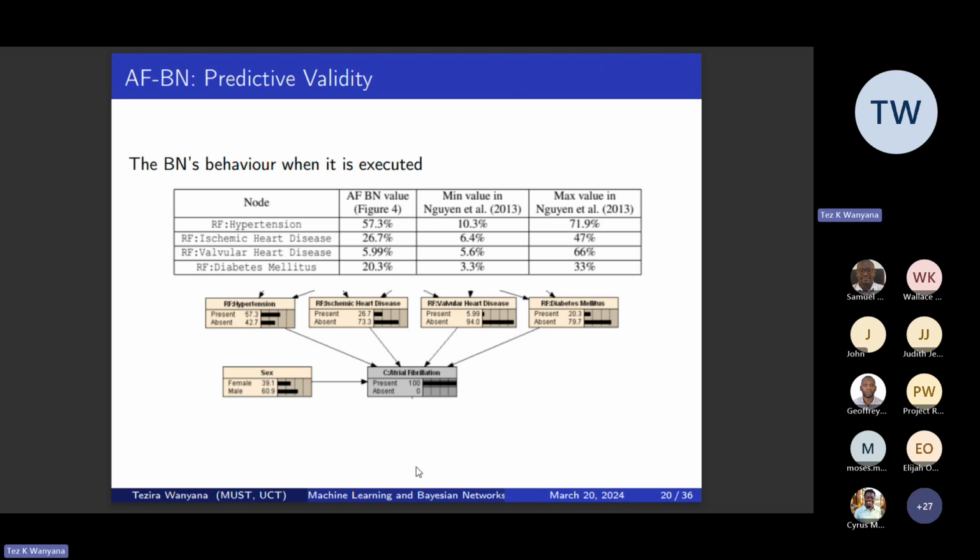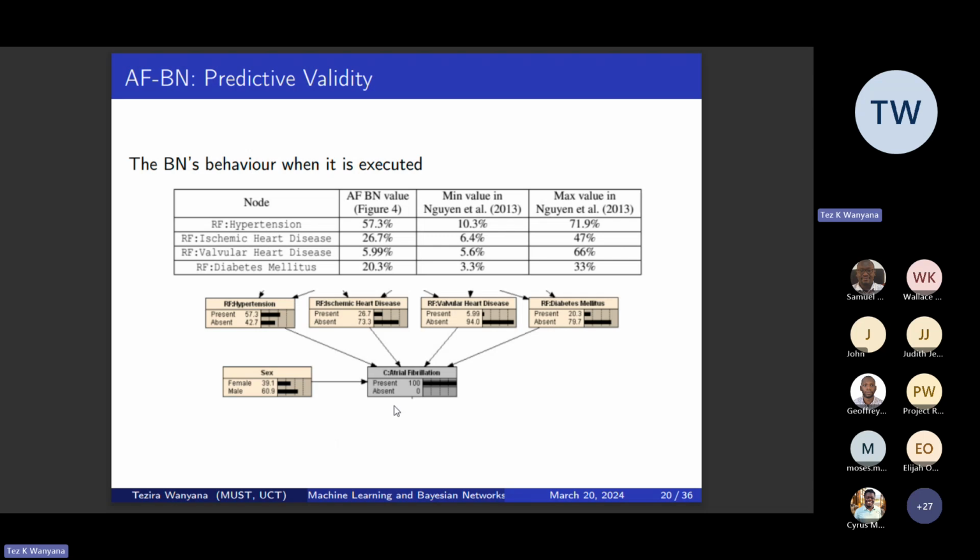To evaluate that, we have to look for ways to evaluate the Bayesian network, and we drew from Pitchforth and Mengersen's framework. One of the aspects we needed to evaluate was predictive validity. So we looked at what is said in the medical literature about most of the things we were introducing in our network, and how our network behaved when it was executed.